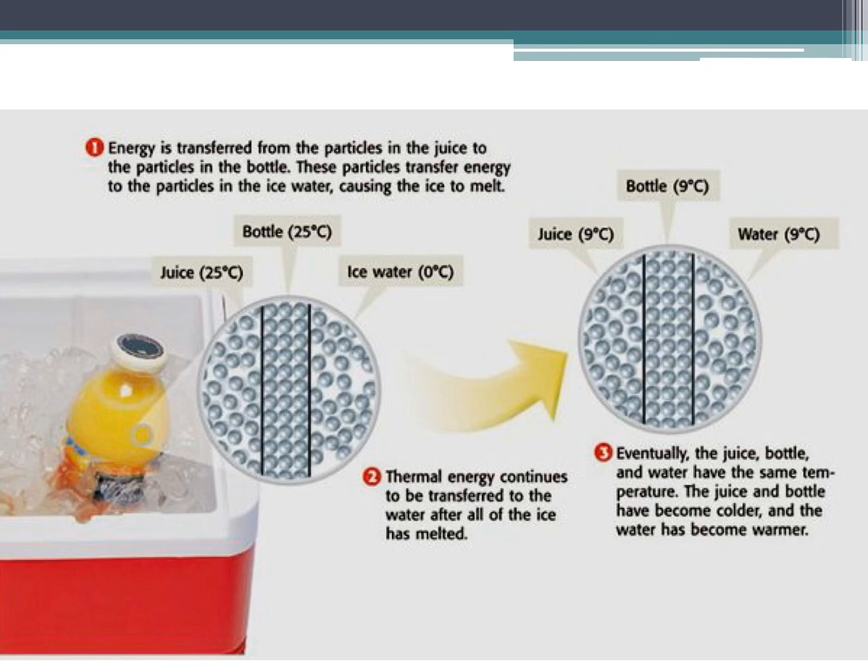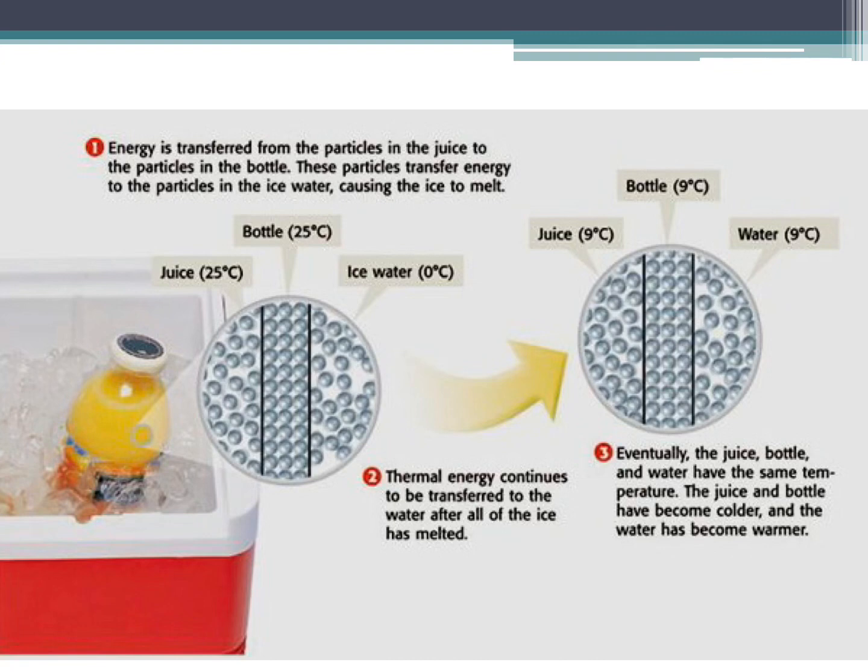Reaching the same temperature, we have two objects, the juice and the ice. The juice is in the bottle on the ice. Now, these two objects have different temperatures. They are in contact, and you already know that energy will always be transferred. So energy will pass from the warmer object to the cooler object.